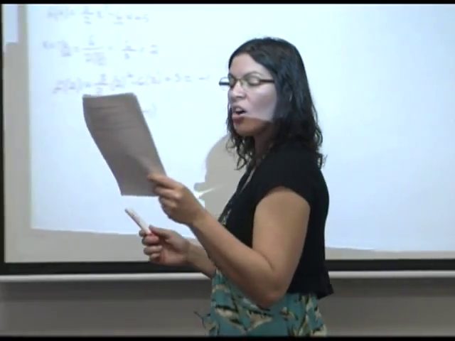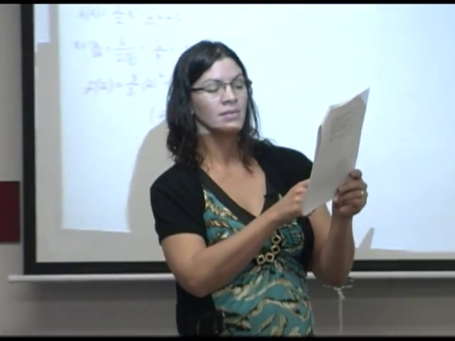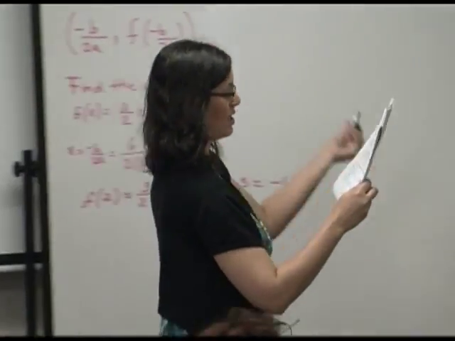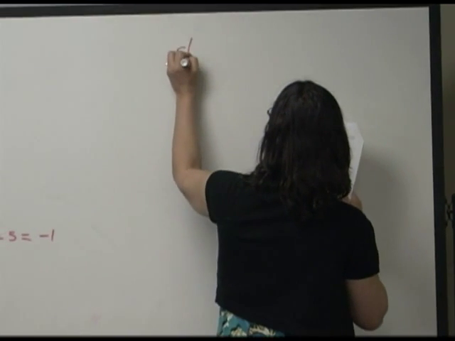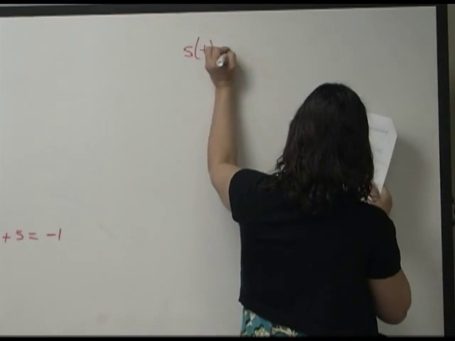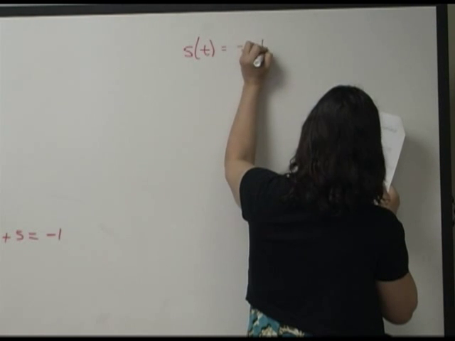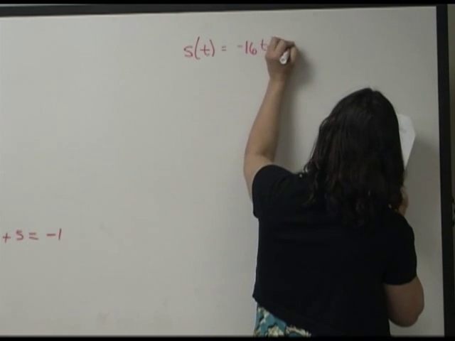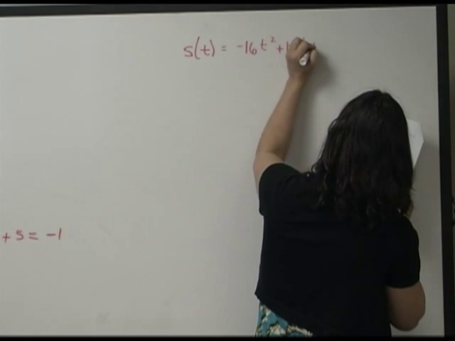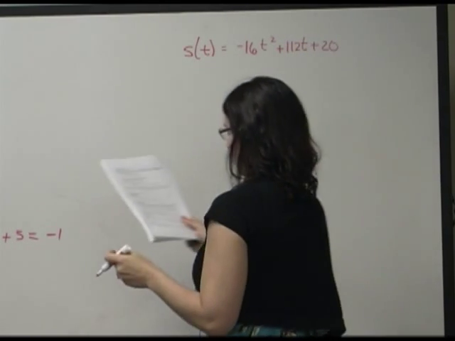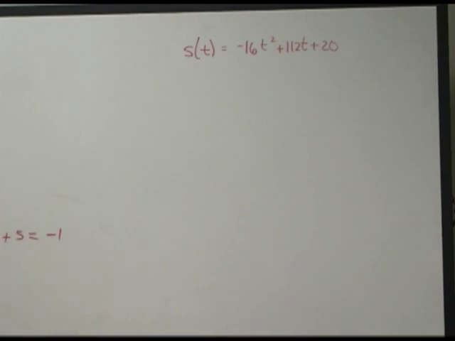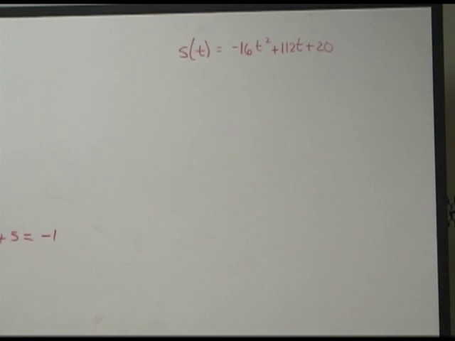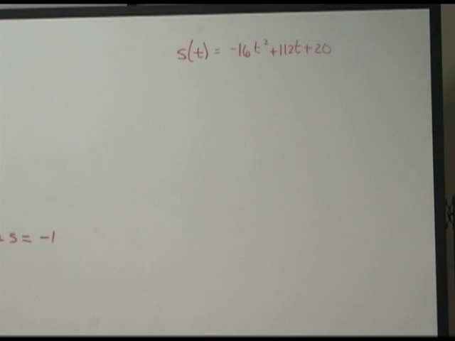They give you the equation of motion, S of t, for this rocket. Now it says determine when the rocket reaches its maximum height and find that maximum height.